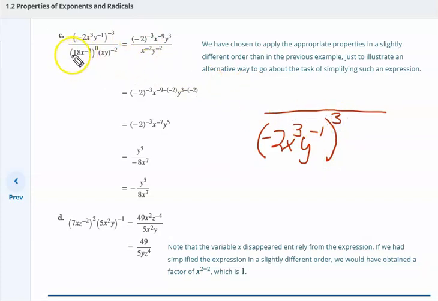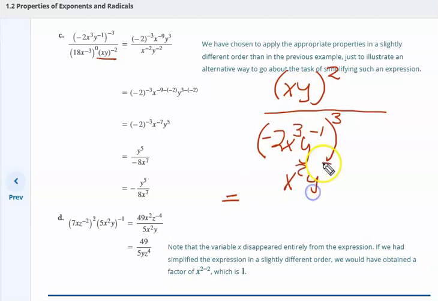Now this is something to the zero power, so this is just a 1. And I'm going to take this and move it to the numerator as xy to the second power. So that might be a little easier to work here. So as we start to simplify, this is going to be x squared, y squared.